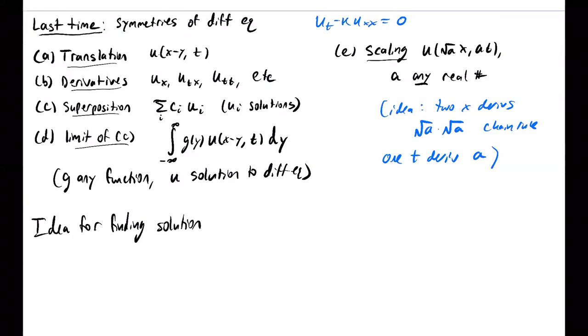Well, the idea is to use some of these observations related to the symmetries of the equation to build a general solution from a particular one.